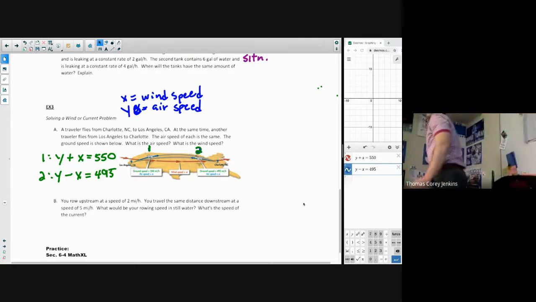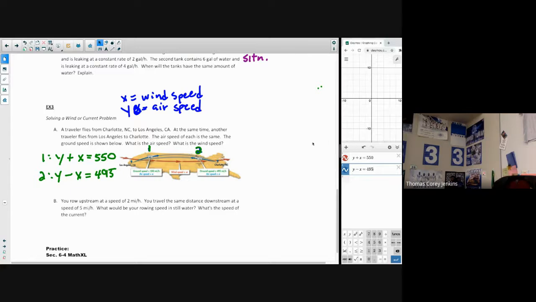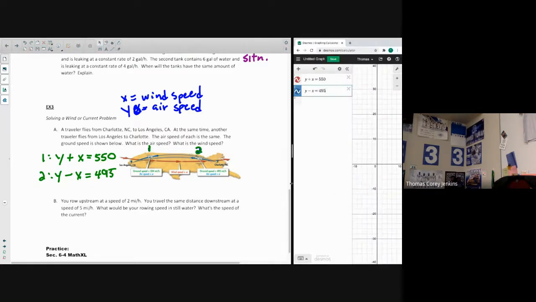Sorry, I'm having some technical difficulties here. I can't get my screen to look how I want it. There we go. We can't see the lines as is, so we need to zoom out so we can see that point of intersection.